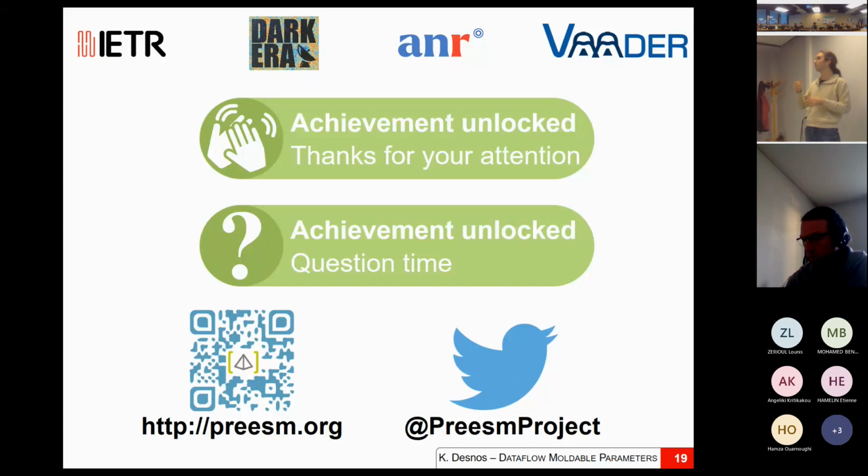For example, if you change the clock frequency, or if you change non-functional parameters that influence the number of iterations happening inside an actor, then in this case, you would actually have a variable duration for the actor. And the durations are parameterized. So there is an expression based on the profiling. This is something that you need to do before, but you need some kind of profiling and you need to have a model of the runtime of the actors depending on the values of the moldable parameters.